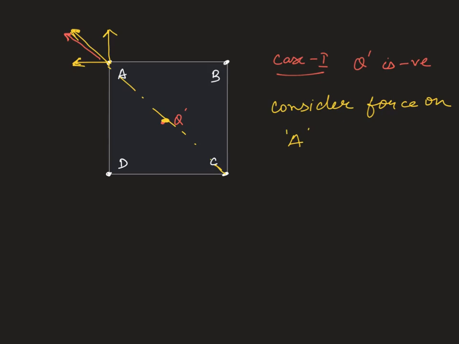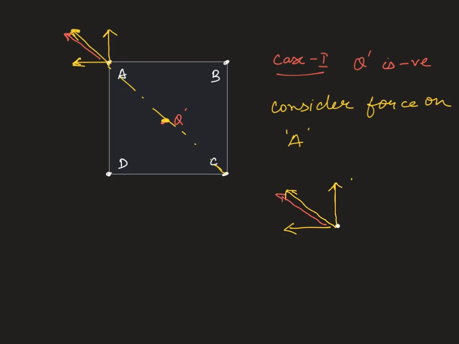Now please consider this arrangement here. This arrangement is very important here. We need to find out if the net force on charge A can be equal to 0. So let me draw A again, and this is force due to B, this is force due to D, this is force due to C, and in the red line is force due to Q dash, the center charge.